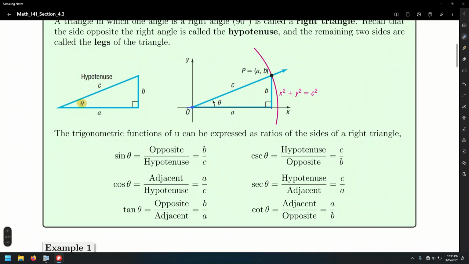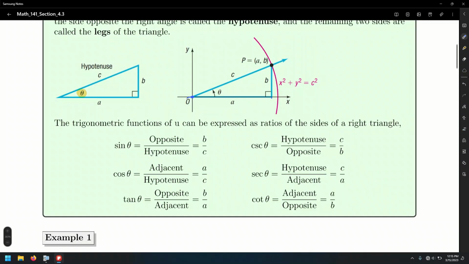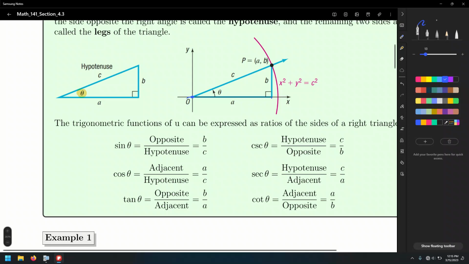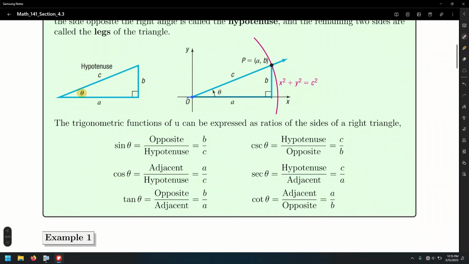All right. So we define the sine function to be opposite over hypotenuse, in this case B over C. Cosine, which is adjacent over hypotenuse, A over C. And tangent, which is B over A, that is opposite over adjacent. From here, check this out. Here is where the SOHCAHTOA acronym comes from. Let me highlight the letters.